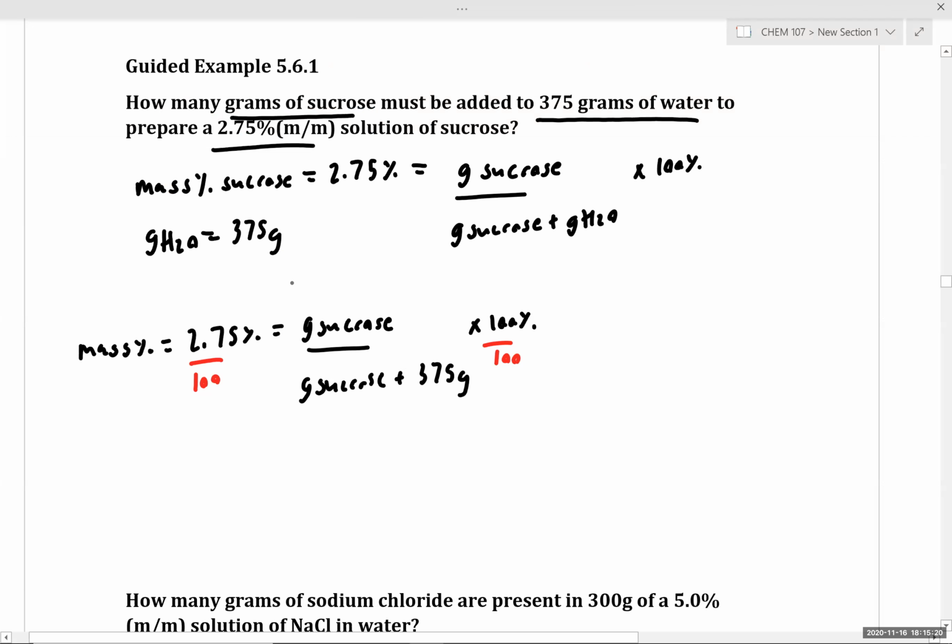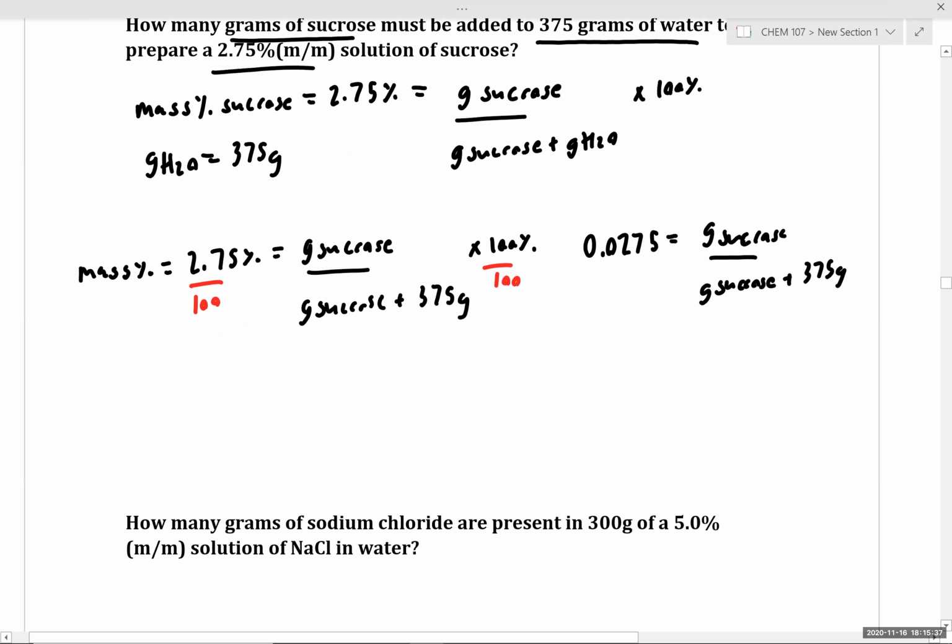So that in turn gives us 0.0275 is equal to the grams of sucrose over the grams of sucrose plus 375 grams. Now we're going to move this term to the left via multiplication.